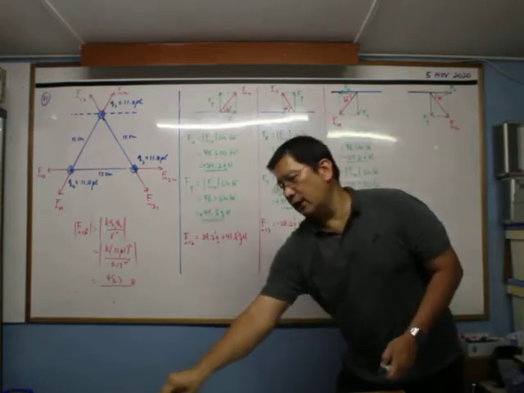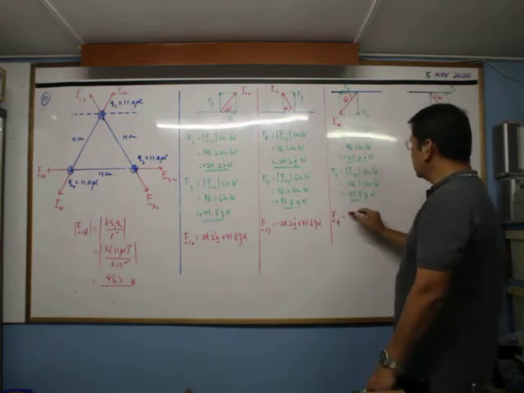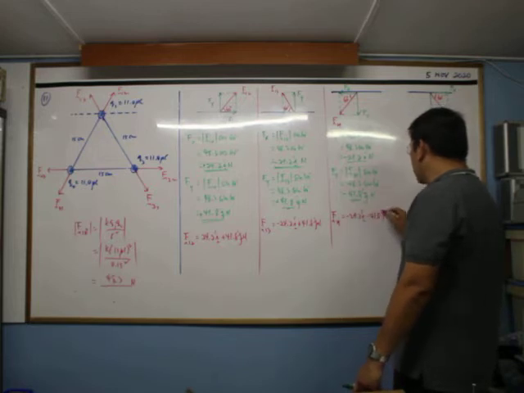So that means our F21 is equal to negative 24.2 I minus 41.8 J.